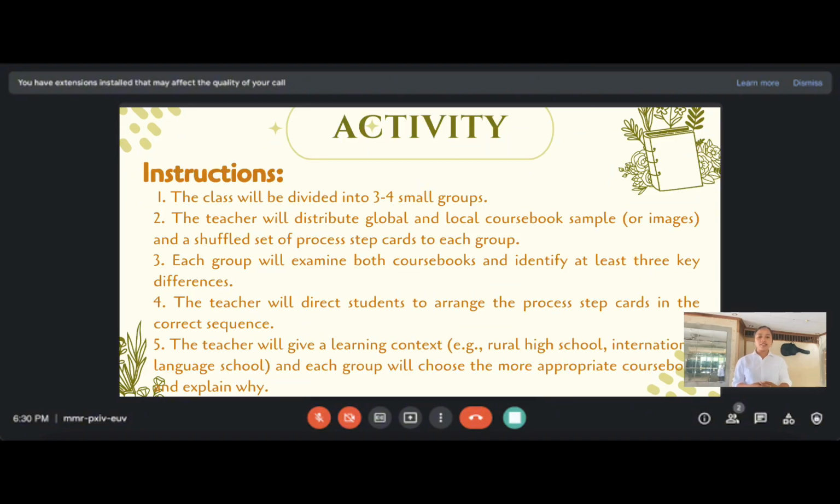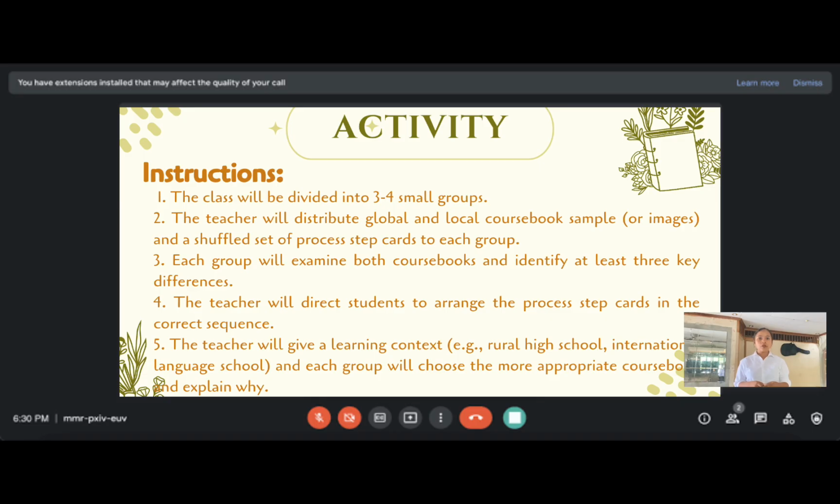Okay, now let's proceed to our activity. For our activity, you will be divided into groups of 5 members, and I will present a sample of a global and a local course book, or pictures of them, and a set of cards with steps written on them, but the steps are shuffled. For the first task, you're going to look carefully at the two course books.